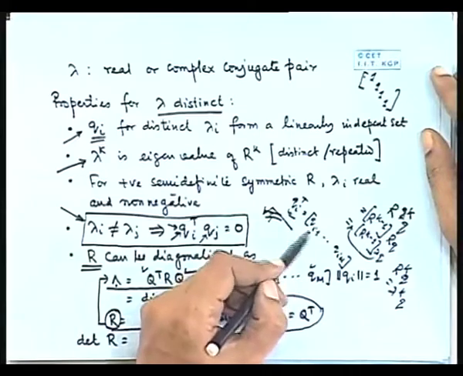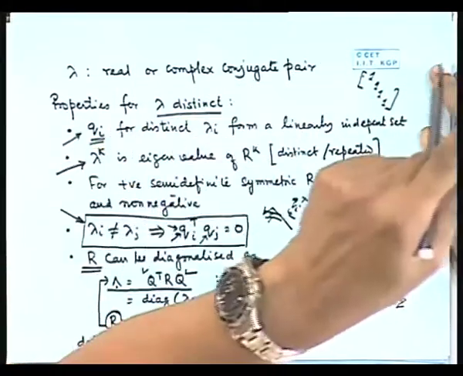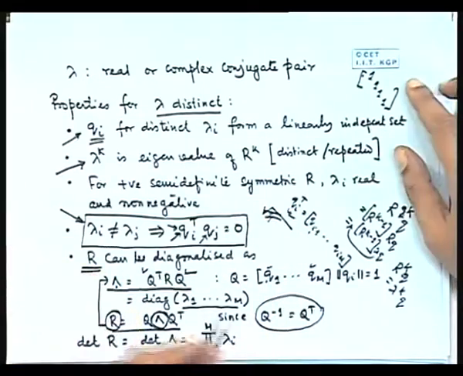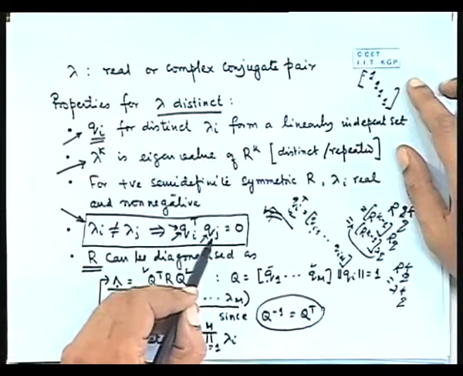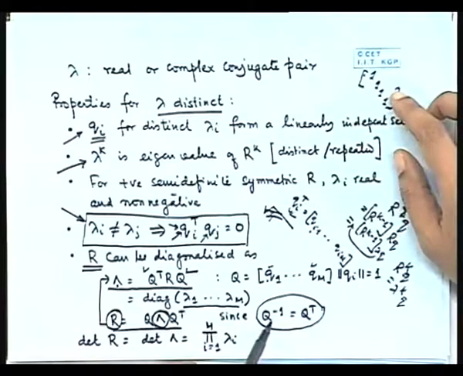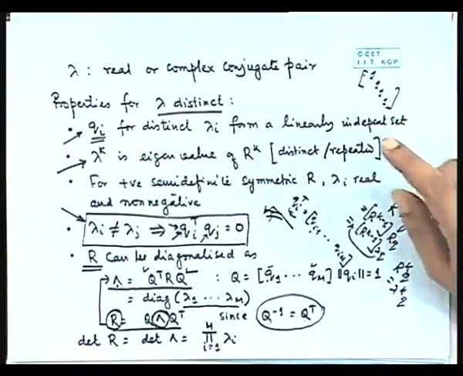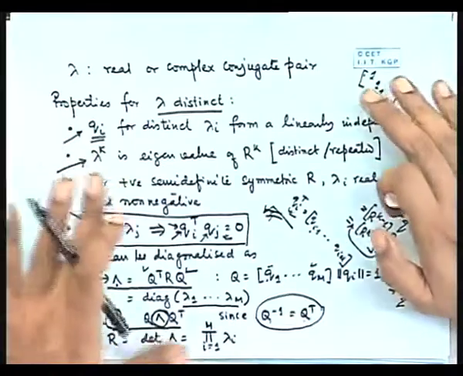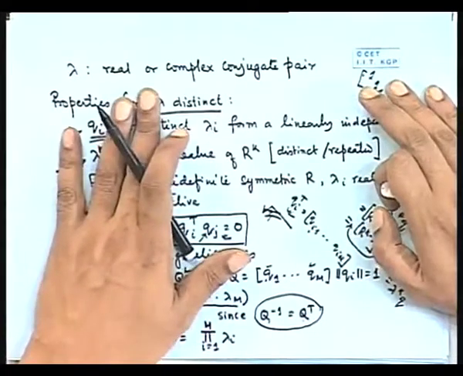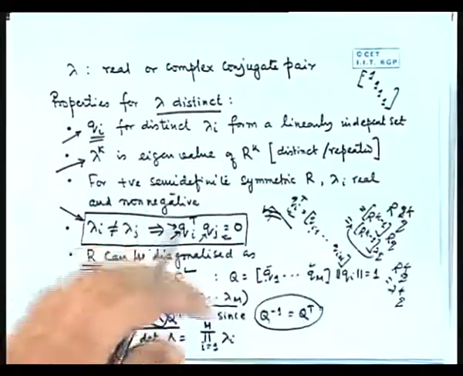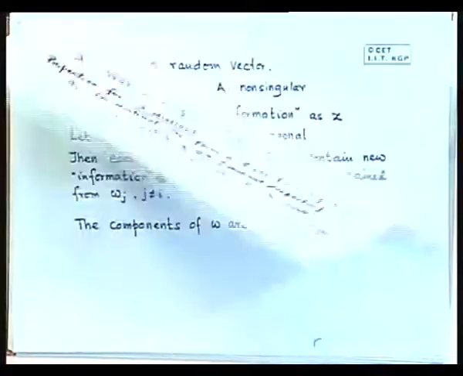Just see what the length of a vector is: root over x1 square plus x2 square plus x3 square. If you choose the length to be 1, then all the qi transpose qi terms will give you 1, so it will be an identity matrix. Therefore q inverse will be equal to q transpose. This is the key property. These are some of the properties of these eigenvectors which are very useful for us, and we will now use these properties to our advantage.